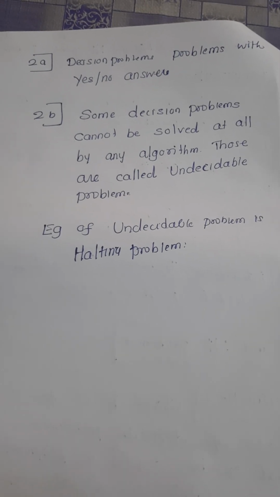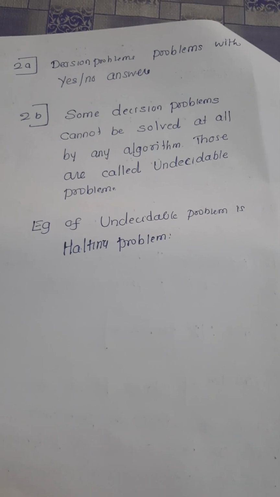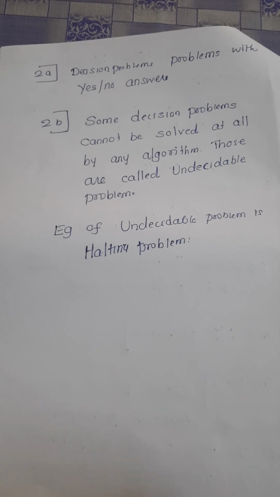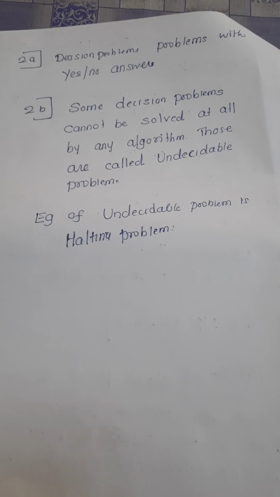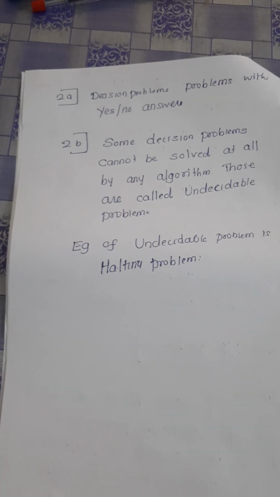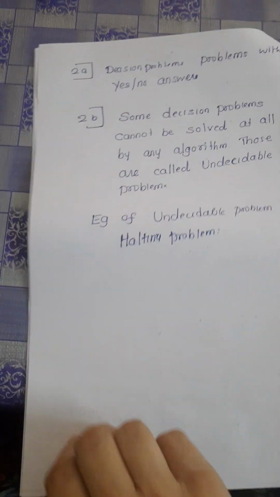Some decision problems cannot be solved at all by any algorithm. Those are called undecidable problems. An example of an undecidable problem is the halting problem. We saw this in the notes during our class also. I am just repeating.